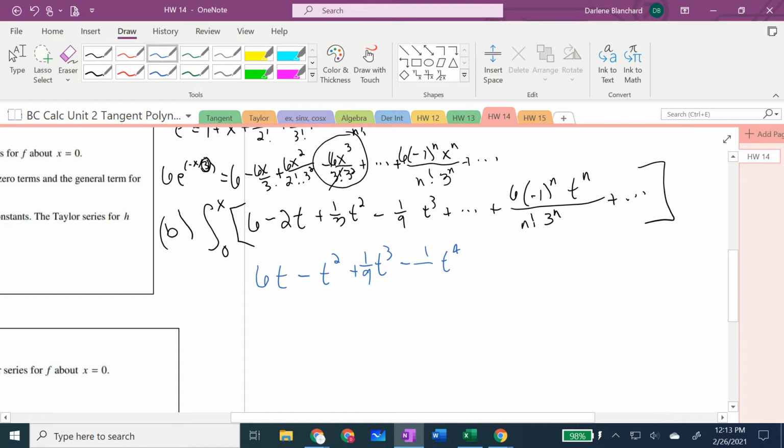But the finger method, if you know it, 9 times 4 is 36. And then I know I don't mess up. And then the general term also needs to be done. Take everything that's the constant multiple, and then integrating t to the n plus 1 over, or sorry, I wrote minus, there we go, over n plus 1.